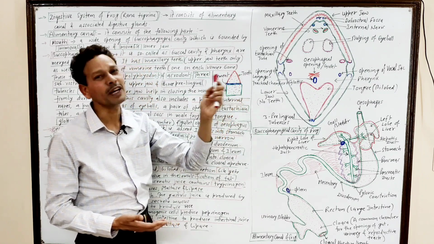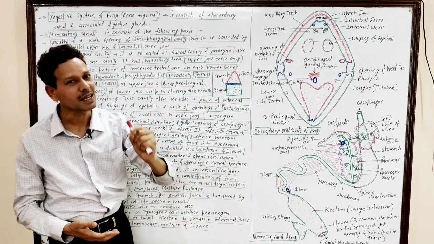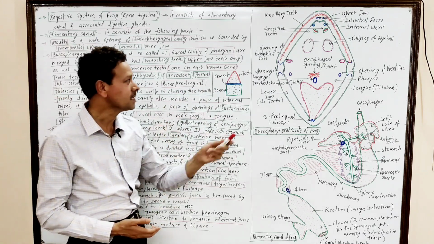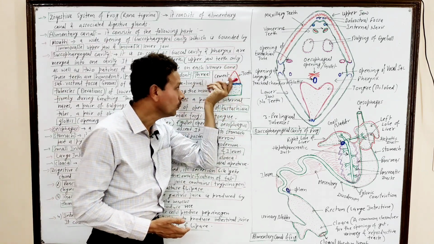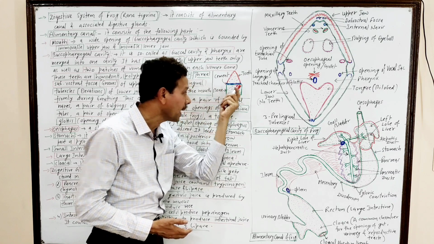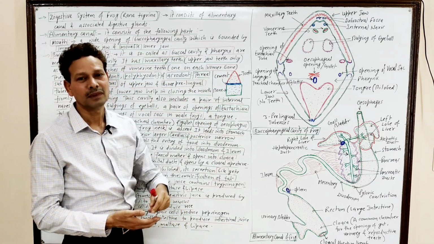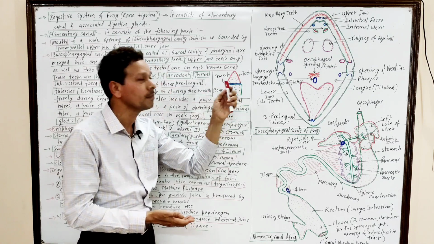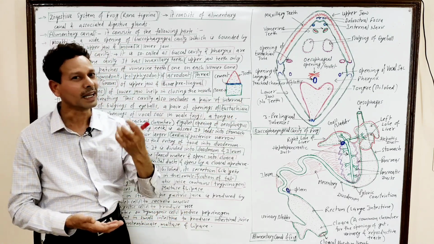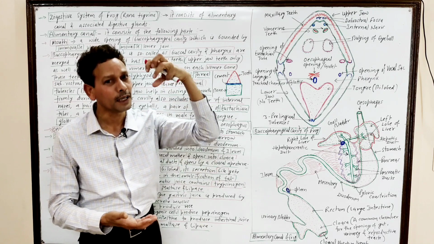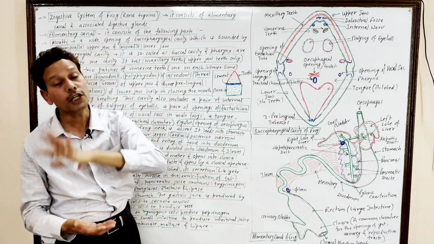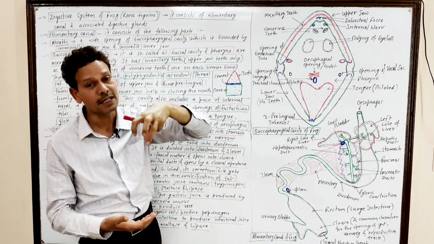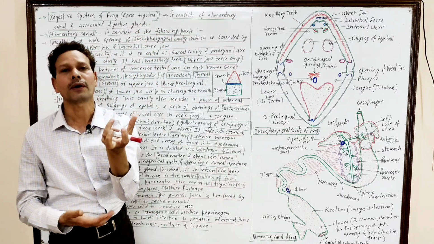And very important for competition exams, these are acrodont. It means in case of frog, the tooth is directly fixed on the bony surface by a cementing material, while in human beings our teeth are thecodont.